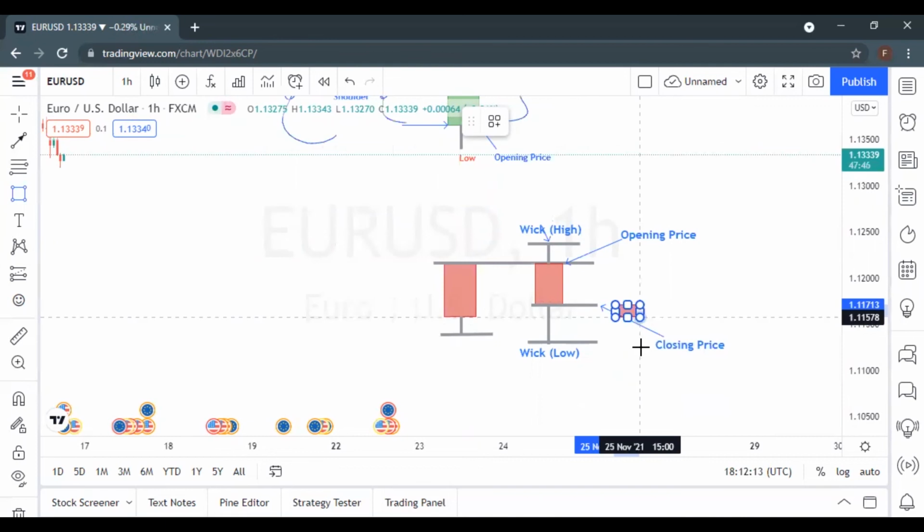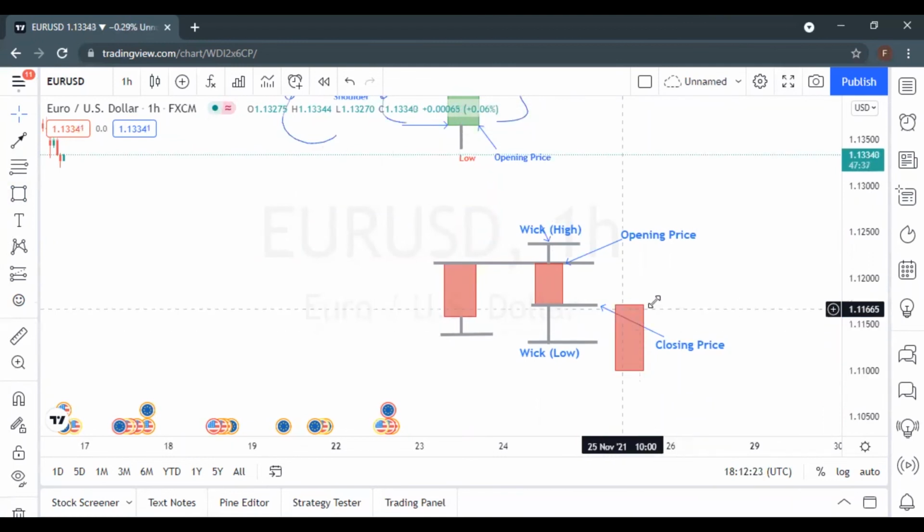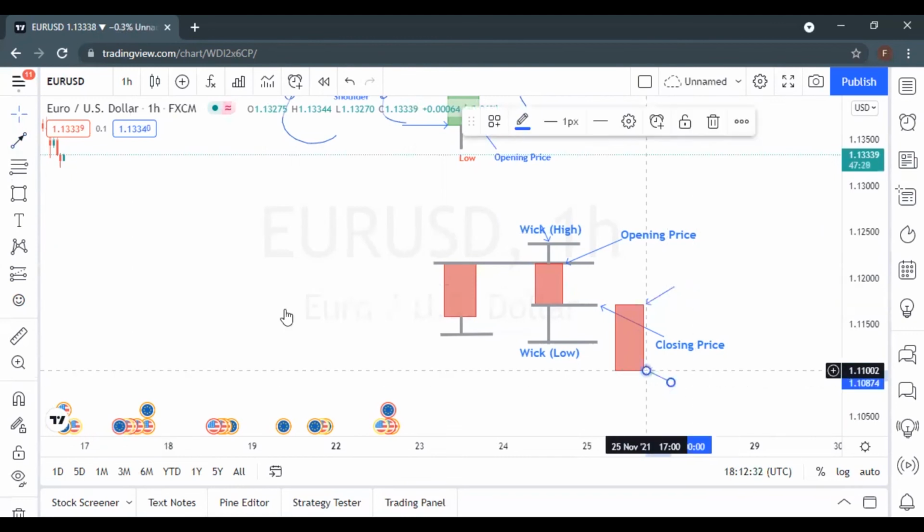So we have the same scenario. The market might push all the way down. So it pushes all the way down. Let's say it is full momentum like this, no wicks. So this is going to be our opening price. This is going to be our closing price.